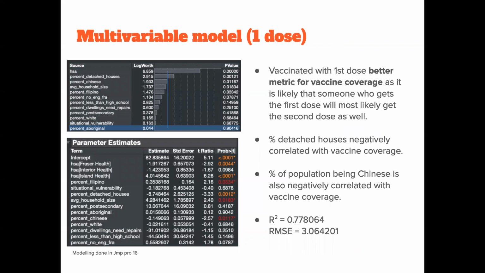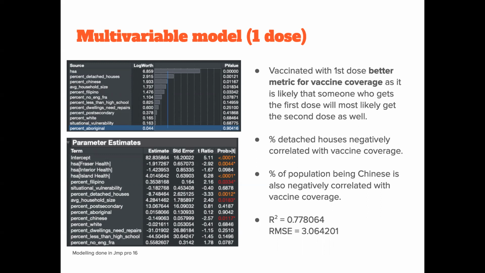And that's because since the vaccination card system has come into existence in BC, there have been a lot of people who have recently been vaccinated with one dose, but because of vaccination rules, have not been able to receive their second dose yet, but likely will. So individuals vaccinated with the first dose is, again, a better measure of vaccine coverage.